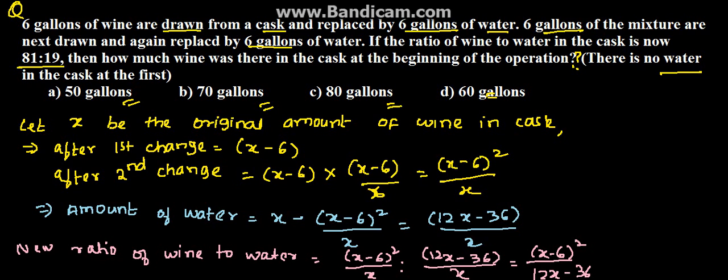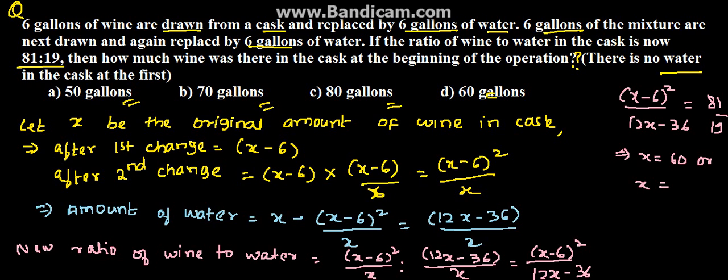This is equal to 81 upon 19, which is given in the problem. So X can be either 60 or 60 upon 19, but 60 upon 19 is not practically feasible, so the original amount can be 60 gallons.